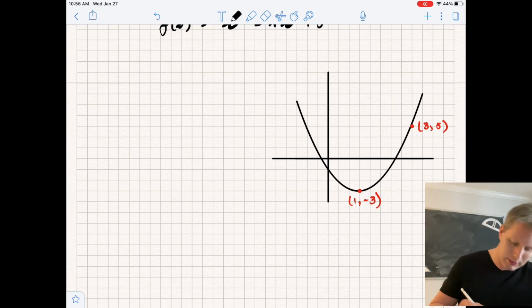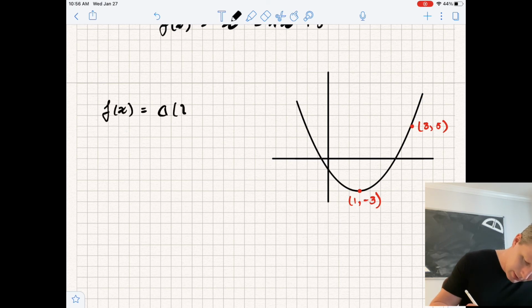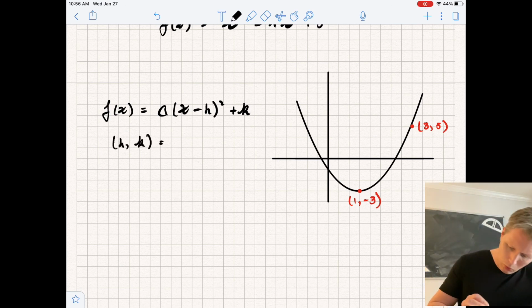Because I know the vertex, it's very easy for me to use the form that f of x is equal to a times x minus h squared plus k. h, k is, in this case, 1, -3. h, k is always the vertex, 1, -3.